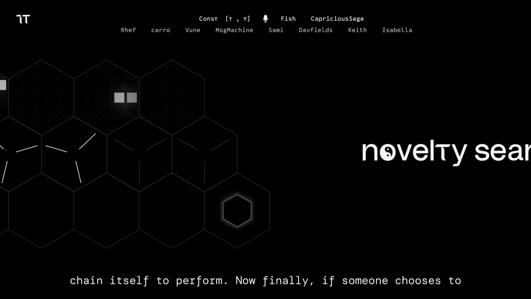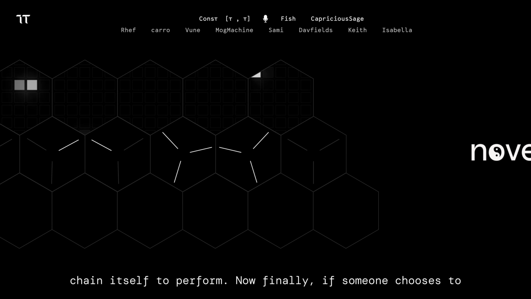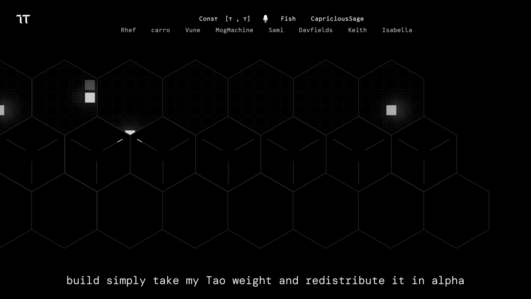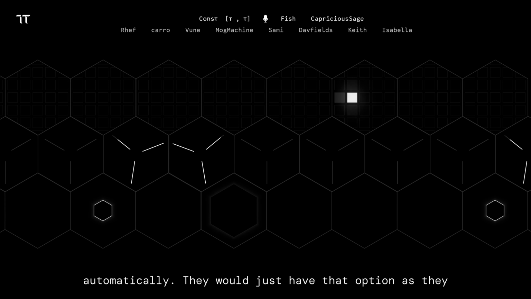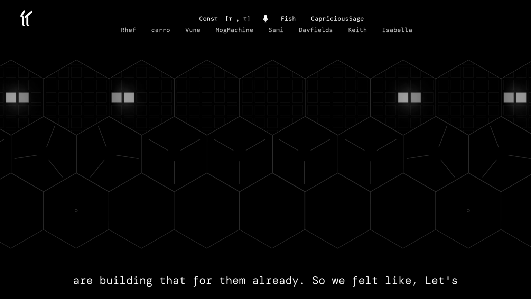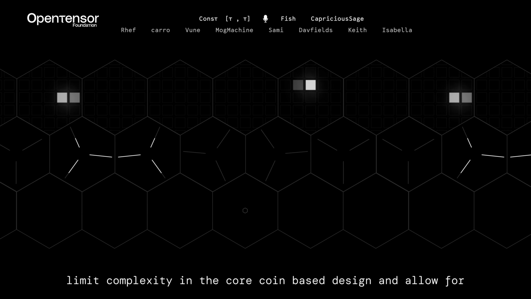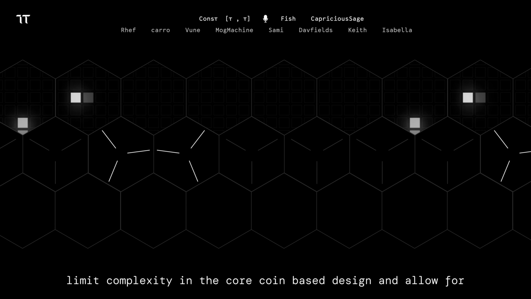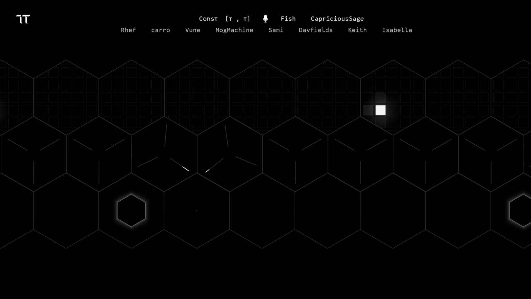Now, finally, if someone chooses to build something that simply takes my tau weight and redistributes it in alpha automatically, they could just build that themselves, and there are people already building that. So we felt like let's limit complexity in the core Coinbase design and allow for the complexity to be built by secondary teams around that spine.